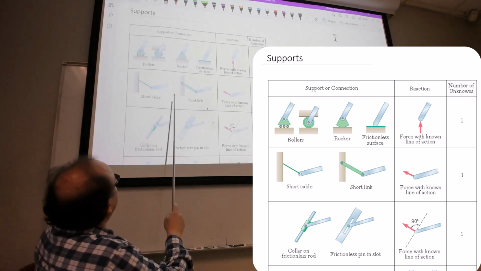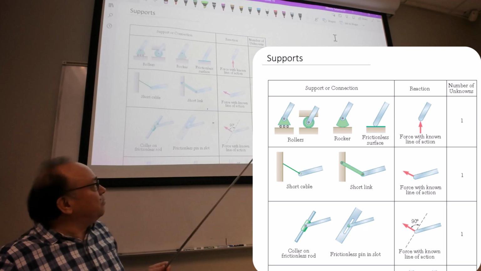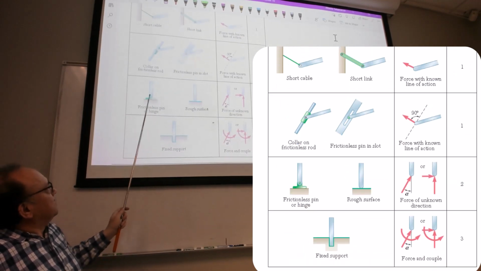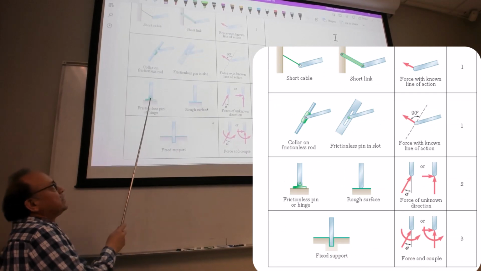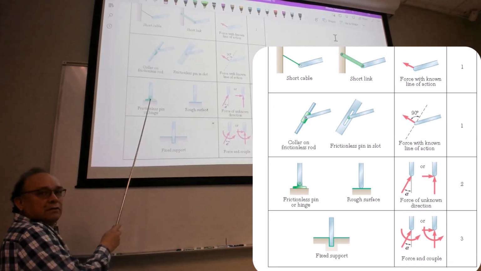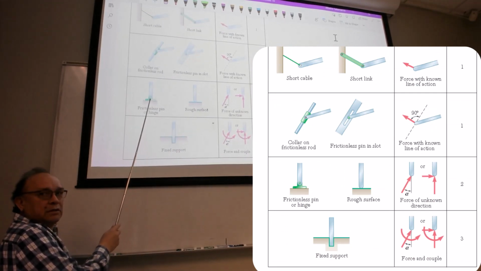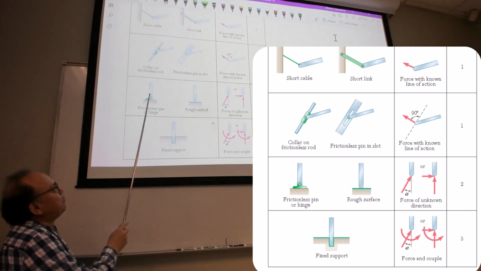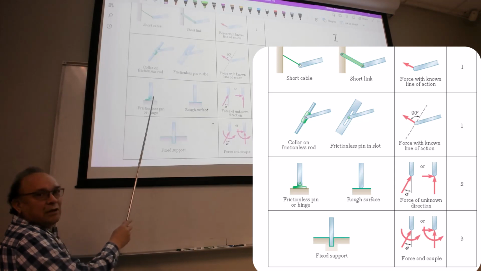Let me move quickly to this one to see the comparison because all of these are similar. This one. If you try to move this horizontally, can you move it? No. You cannot move it because it's fixed, right? And there is a pin here that doesn't allow horizontal motion.